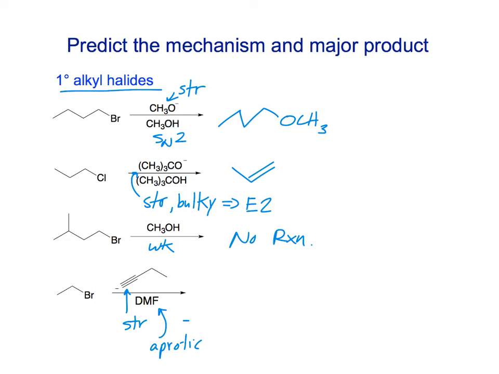These all together favor SN2. And so we're going to displace that bromine with the triple bond, and we're going to get this product here. This is an important reaction because it's a way to make carbon-carbon bonds and to extend a carbon chain.